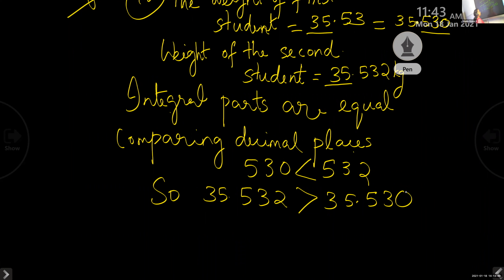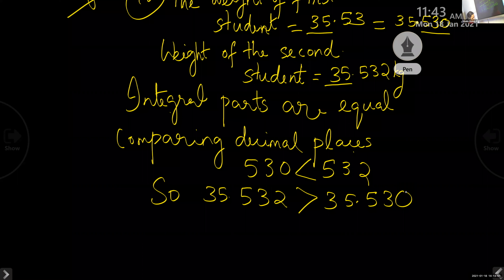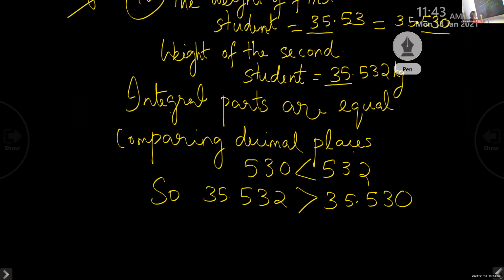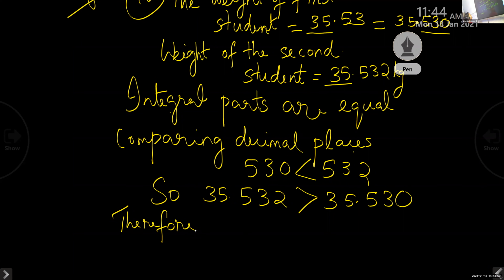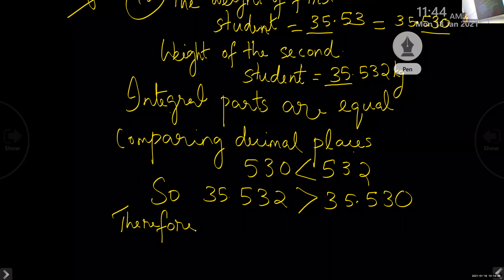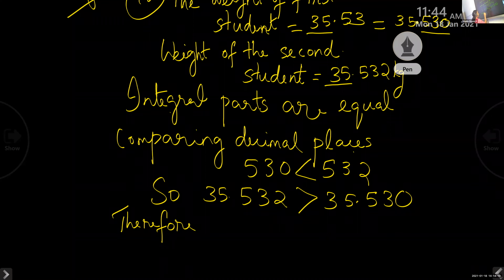So the second student is heavier. Or we can write therefore. We are writing the steps because this is a word problem. So here we are doing just comparison of decimal numbers. Therefore, the second student is heavier than the first.